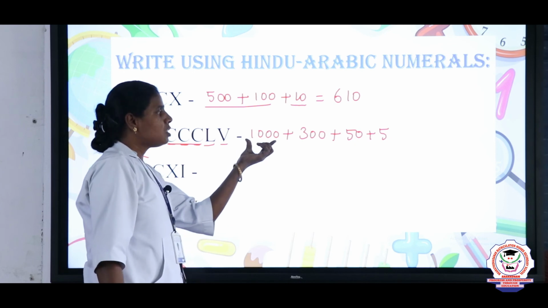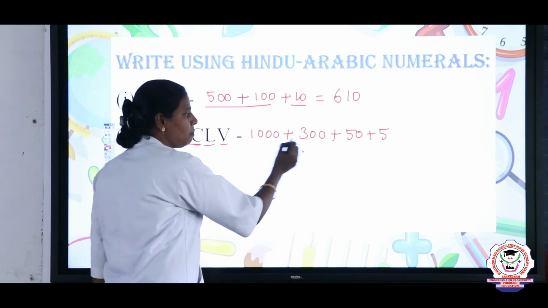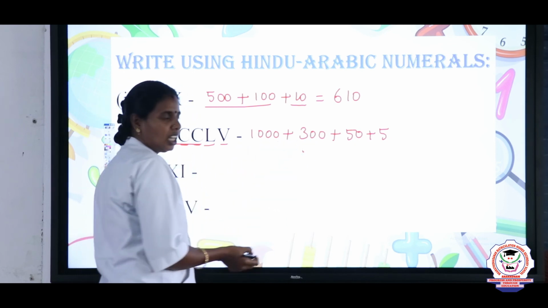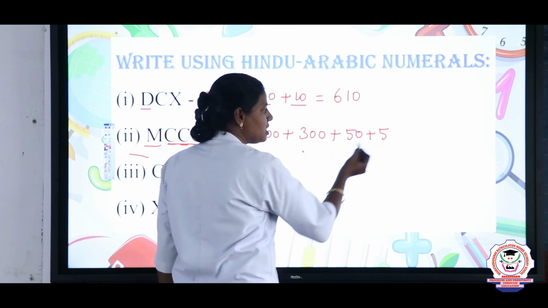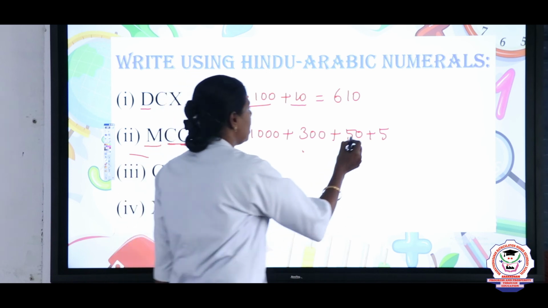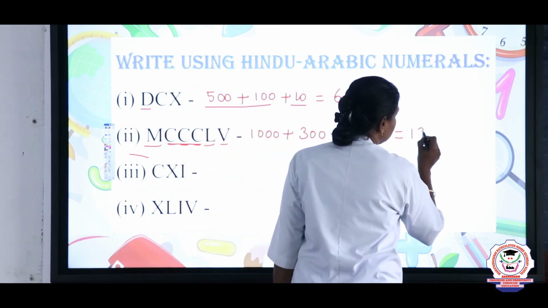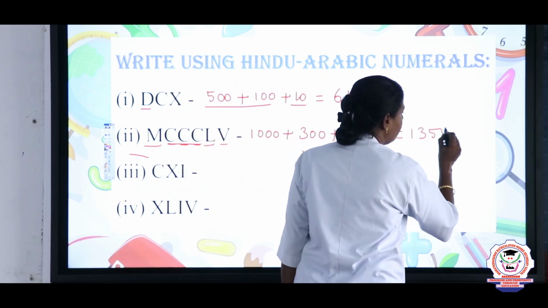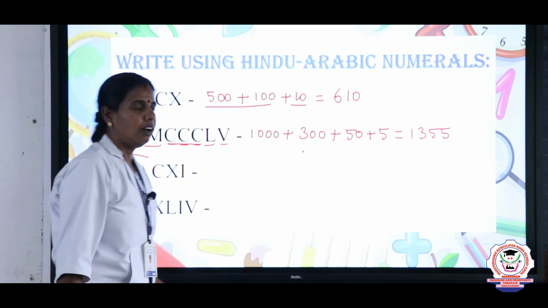So now 1000 plus 300 is, what is 1000 plus 300? 1300. 50 plus 5 is 55. 1355. Therefore the answer is 1355. Is it clear? Right.